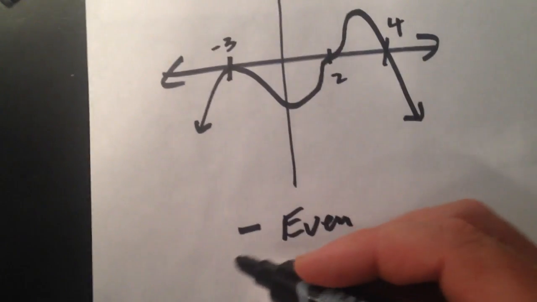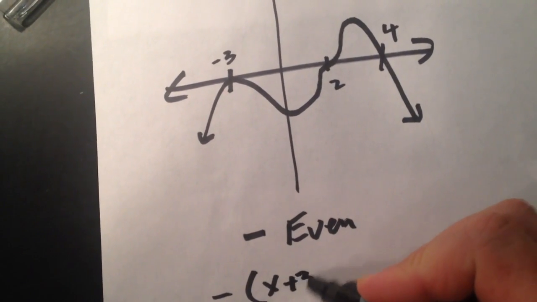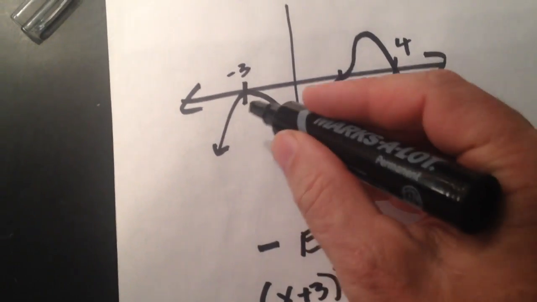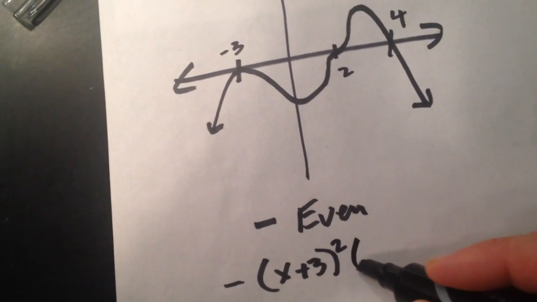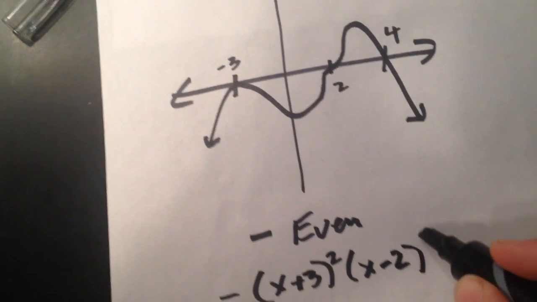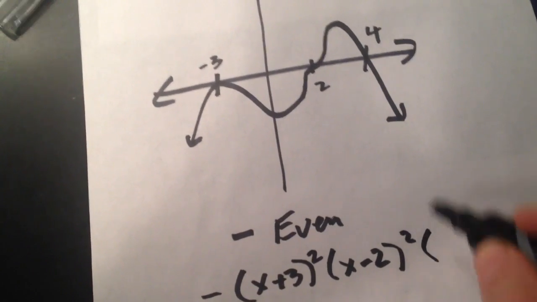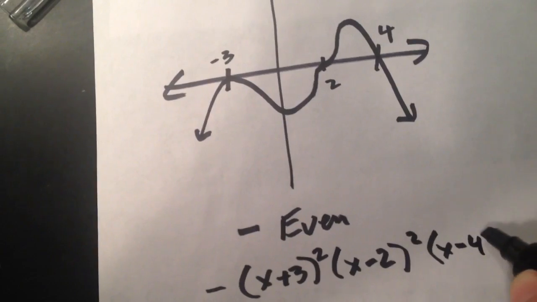So this is probably negative x plus 3 squared, because it's the double root. This is like a wiggle, so that's probably a triple root. It's x minus 2 cubed. And then the last one looks like it goes straight through, so that's x minus 4.